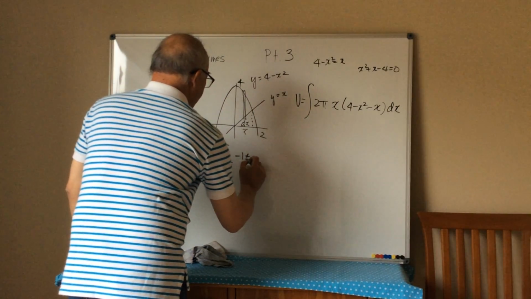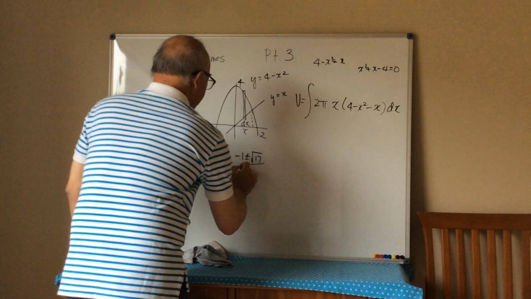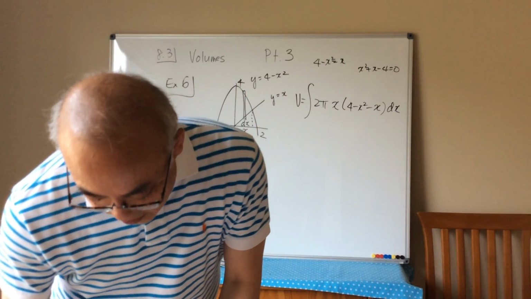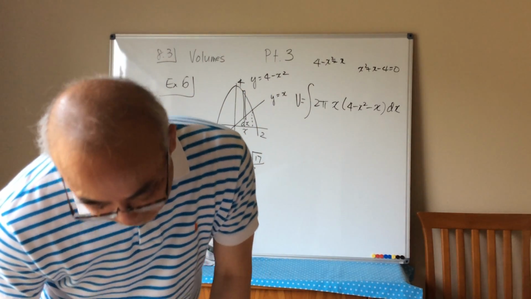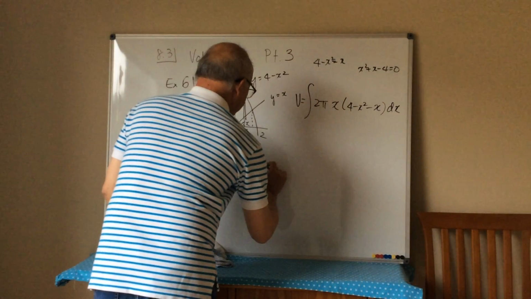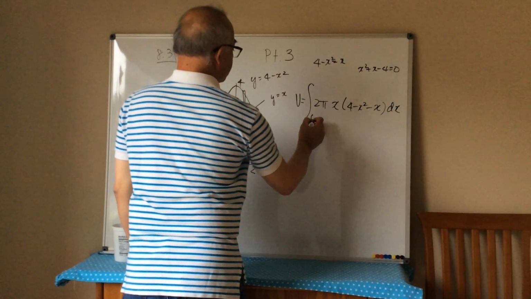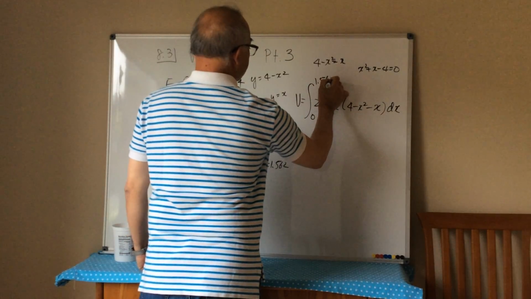That gives negative 1 plus or minus square root of 17, over 2. And if you do that, you are going to get 1.562. So we're going to go from 0 to 1.562.